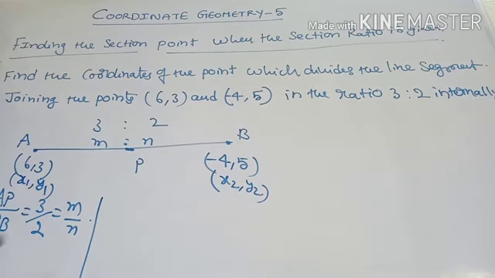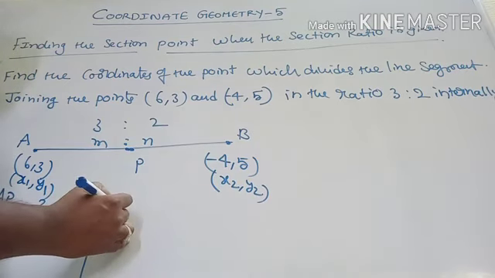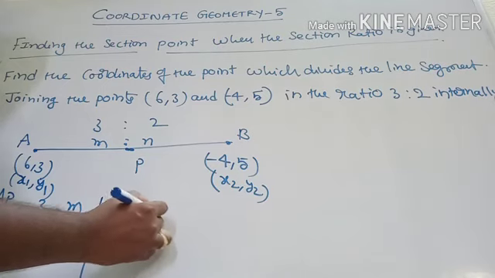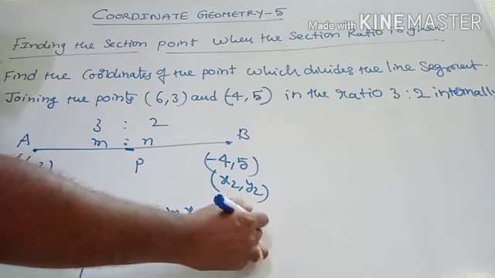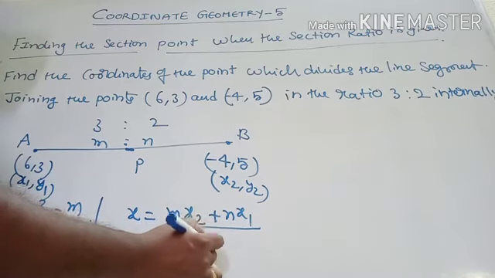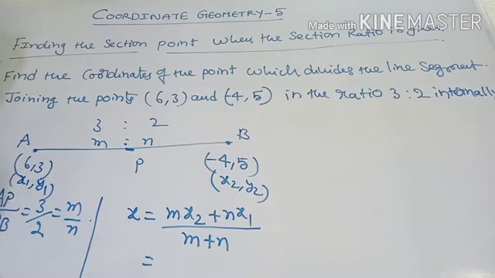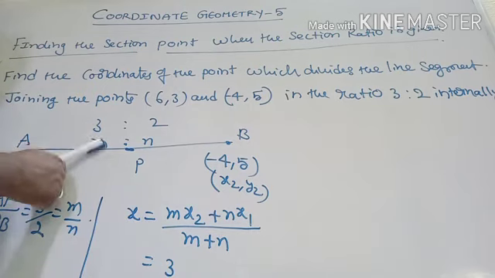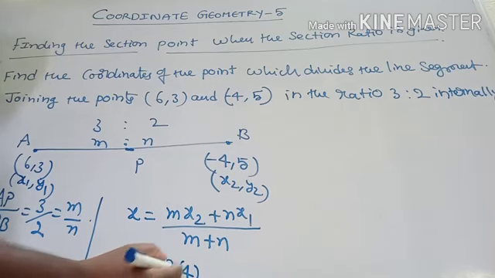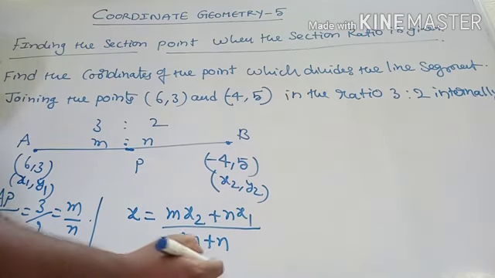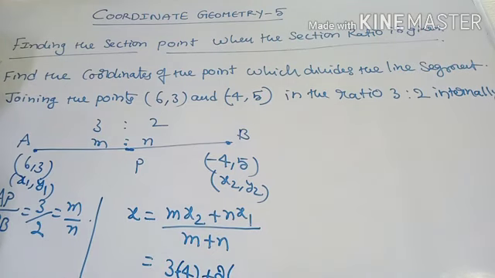Now the point P, whose x coordinate is nothing but mx2 plus nx1 by m plus n. M is here 3, x2 is -4, n is 2, x1 is 6, divided by m plus n, that is 3 plus 2.